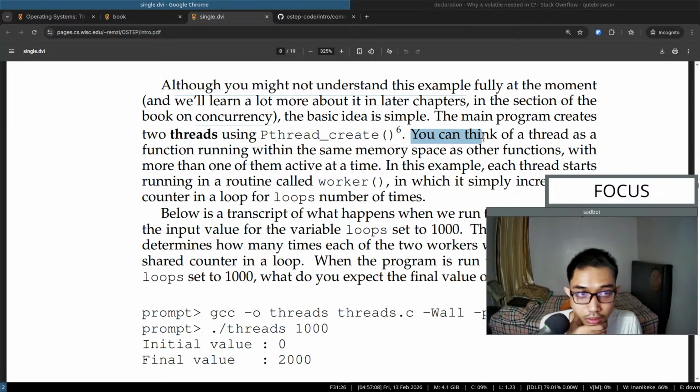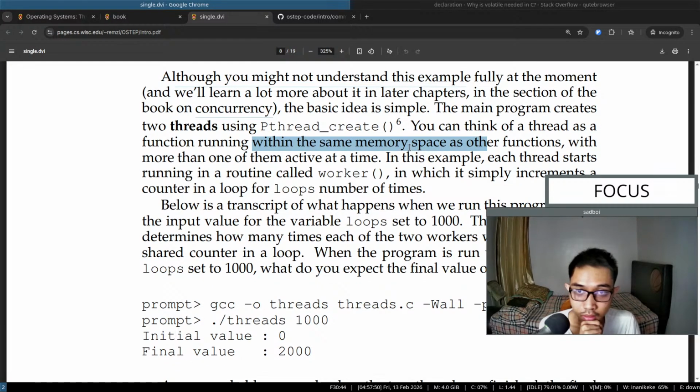Anyway, you can think of a thread as a function running within the same memory space as other functions, with more than one of them active at a time.